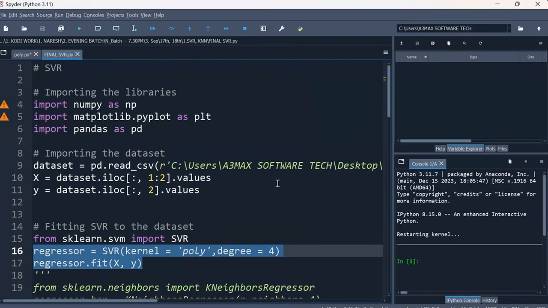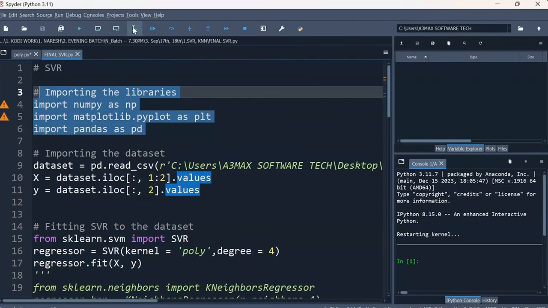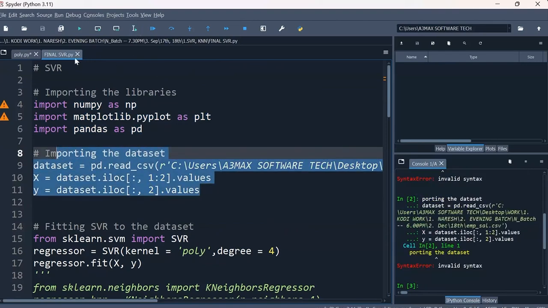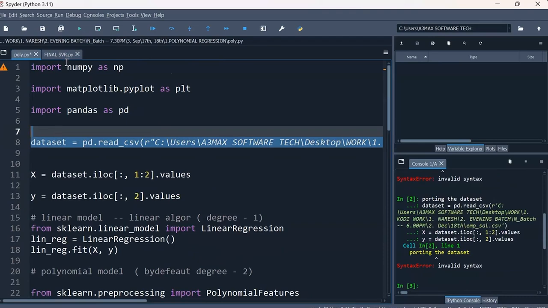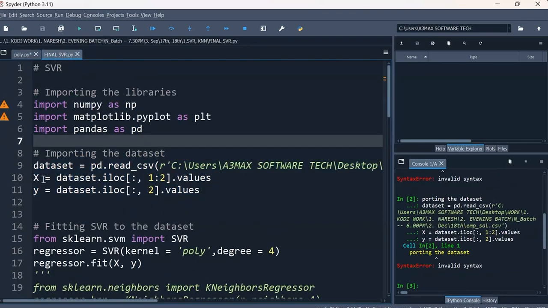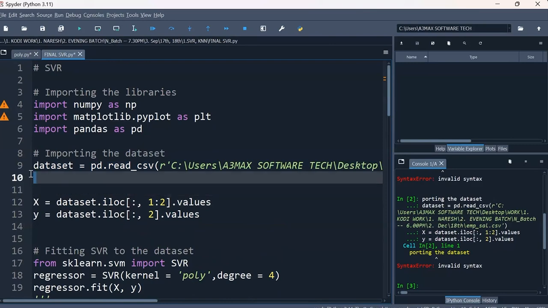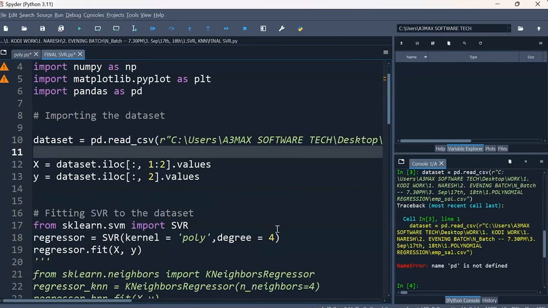First we build a separate model, then we come to this one. Import NumPy, pandas, matplotlib, and split the data. Let me copy and paste here, and just execute.